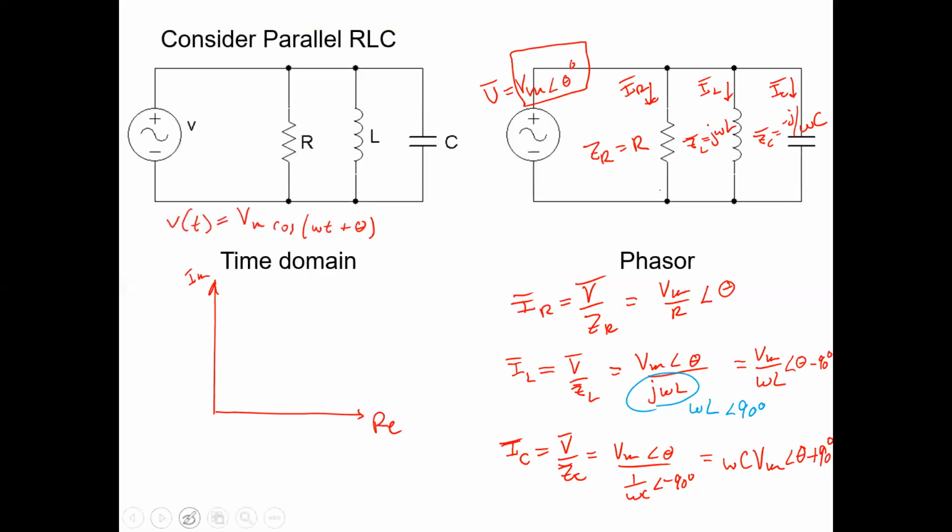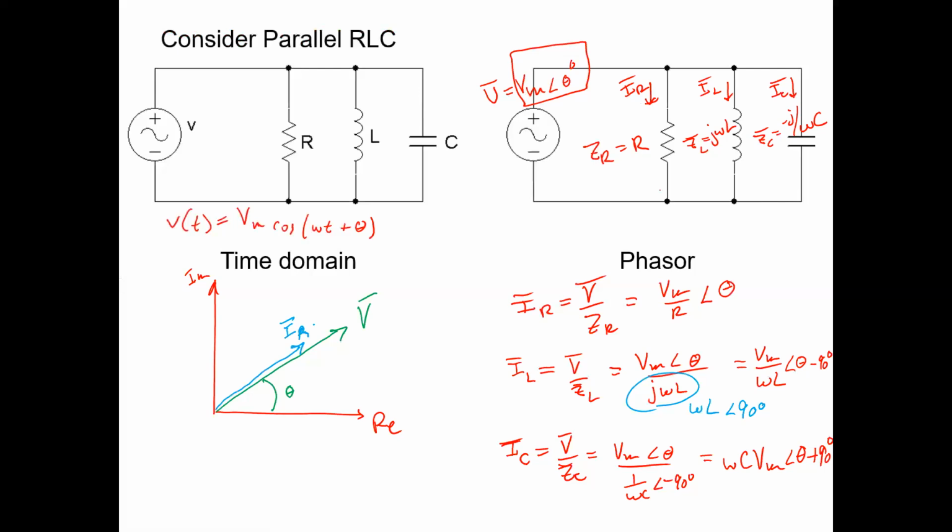And if your voltage is sitting here at some V, which has some angle theta and a magnitude of Vm, the phasor for IR is going to be aligned perfectly with V. Because the resistor is going to track the phase. It doesn't have any phase shift in it. It just tracks the voltage instantaneously. Whatever V is, I is going to just be 1 over R times that.